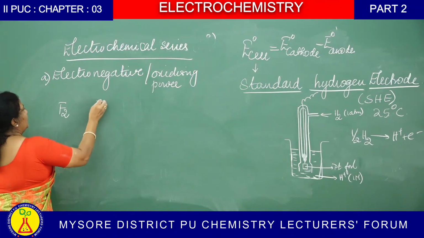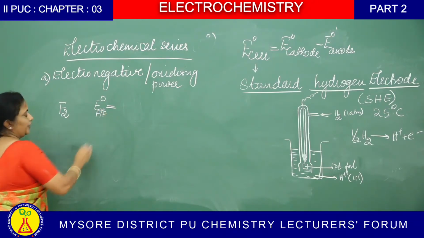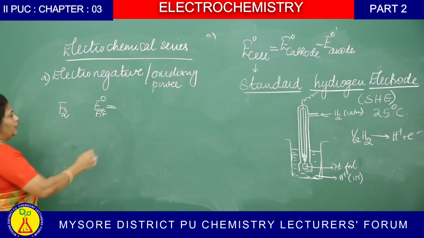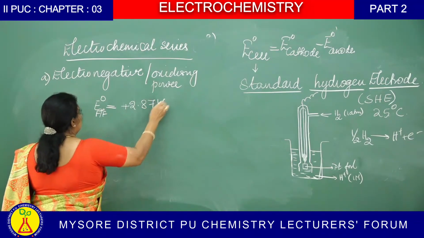Let us see here, the E naught value of fluorine is plus 2.87 volts.